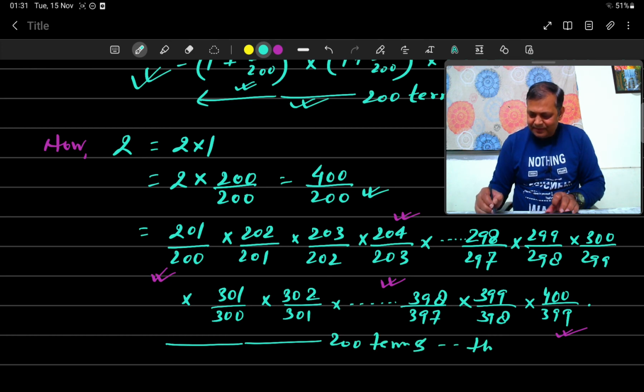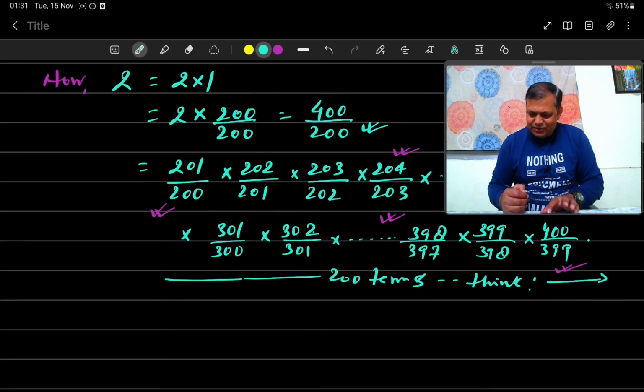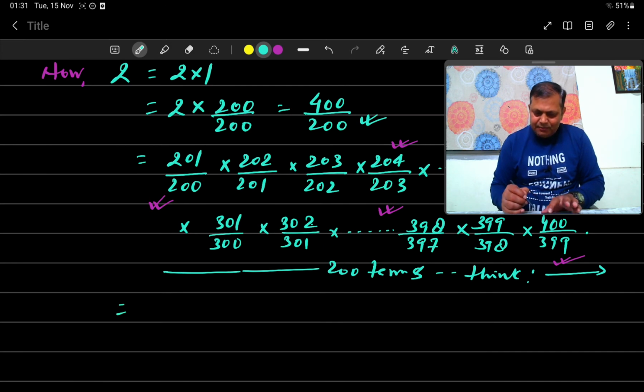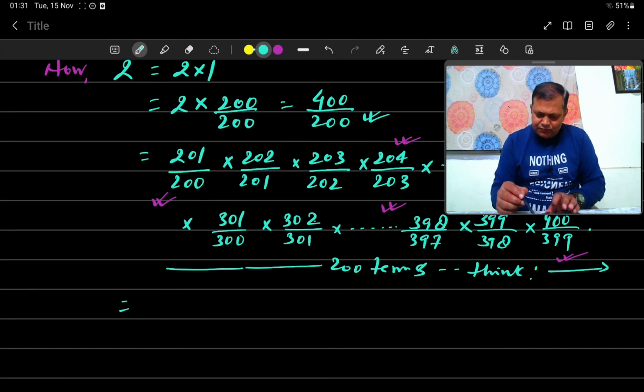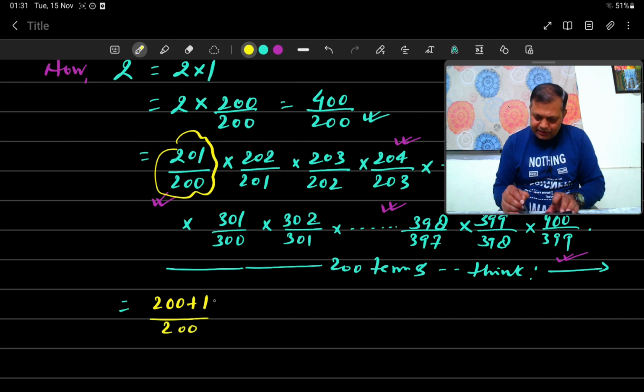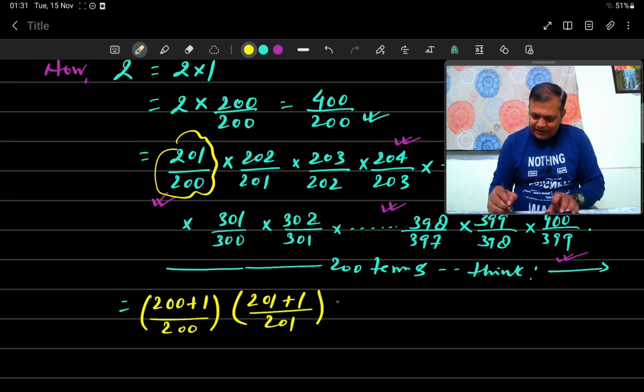Just think, and we'll get the result. Now you can write it this way. The first term is 200 plus 1 divided by 200. Once again, 201 plus 1 divided by 201. 202 plus 1 divided by 202.